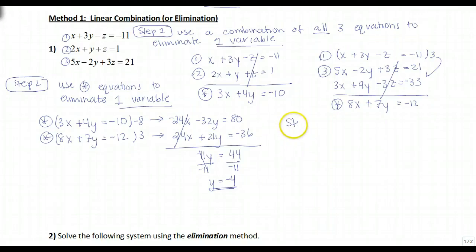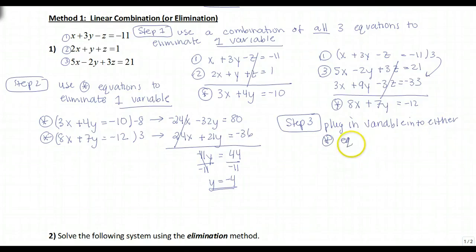So now I get to move to step 3. I need to plug in the variable we just solved for into either star equation, so we can solve for one more variable.